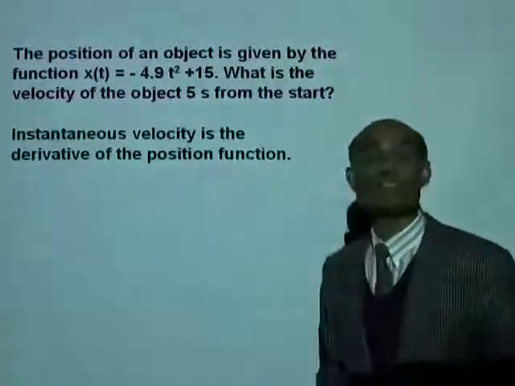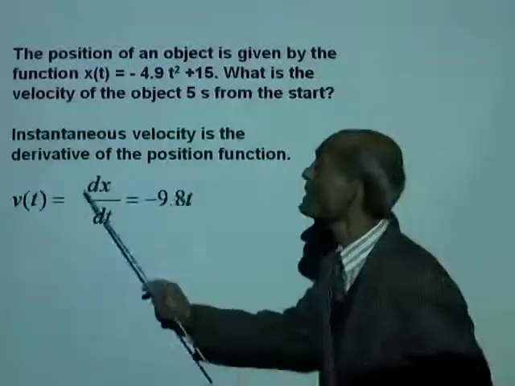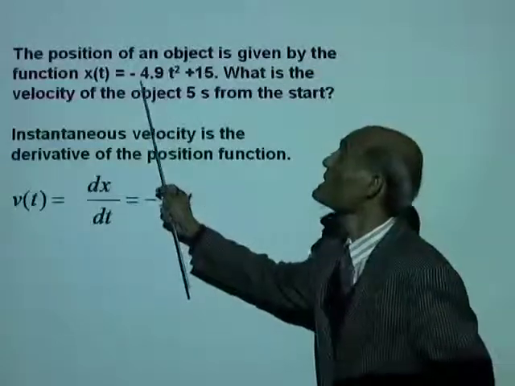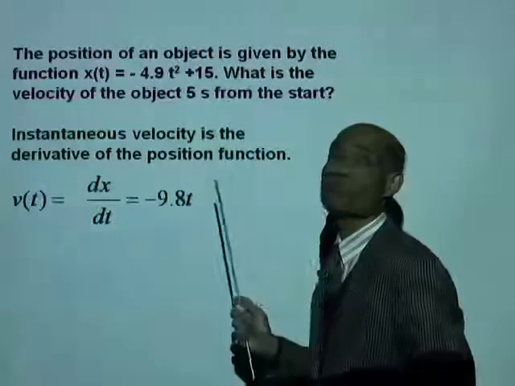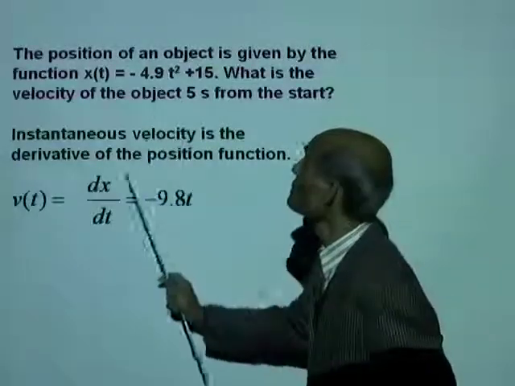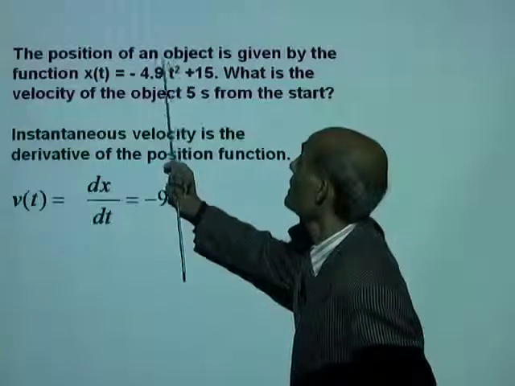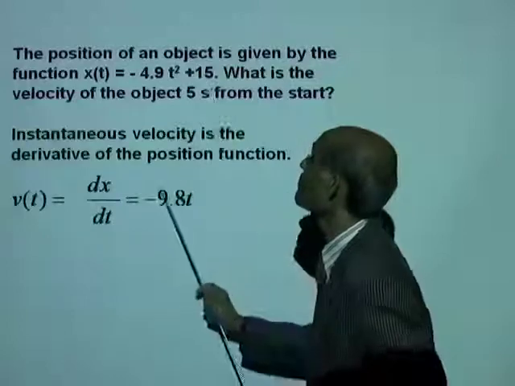Instantaneous velocity is the derivative of the position function. What is the derivative of this function? x of t is negative 4.9 t squared plus 15. The derivative of this will be dx by dt, use the power rule, negative 9.8 t plus 0.